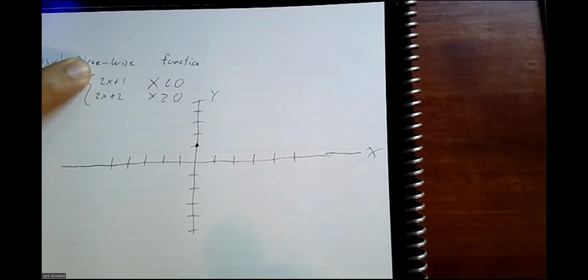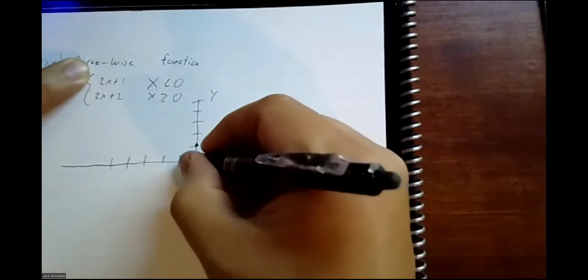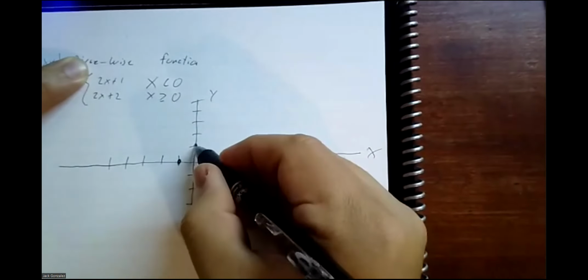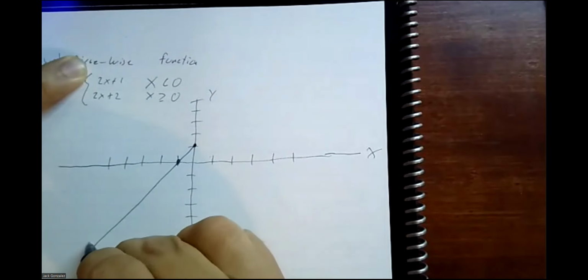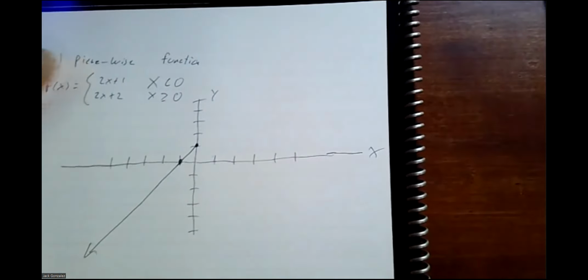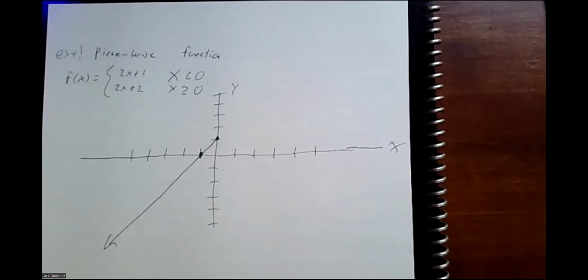Now I can use anything below there to graph. If I use -1, that would be 2 times -1 plus 1, which would be, what is that? -1, right? So -1 would be my other point here. So since I have to go below, I can go up. This is the 2x plus 1 line, right?